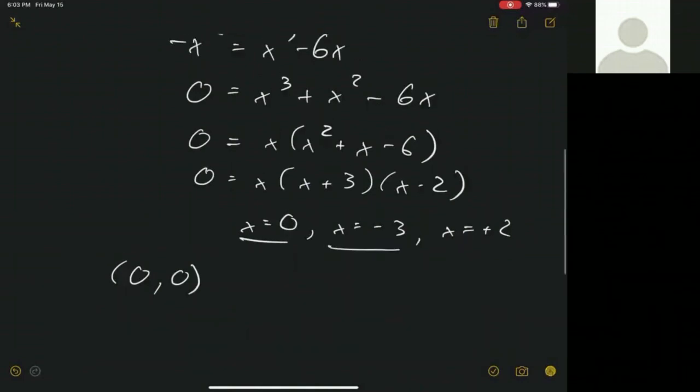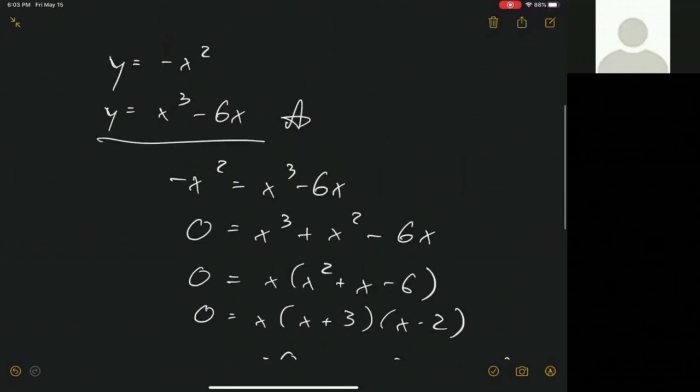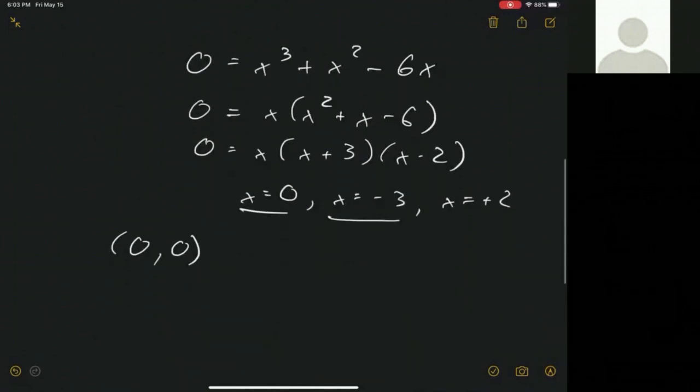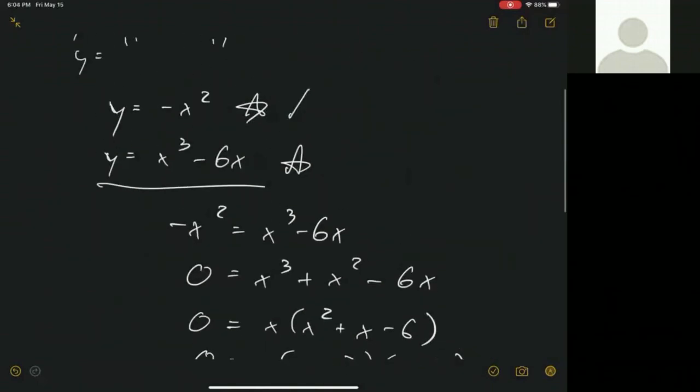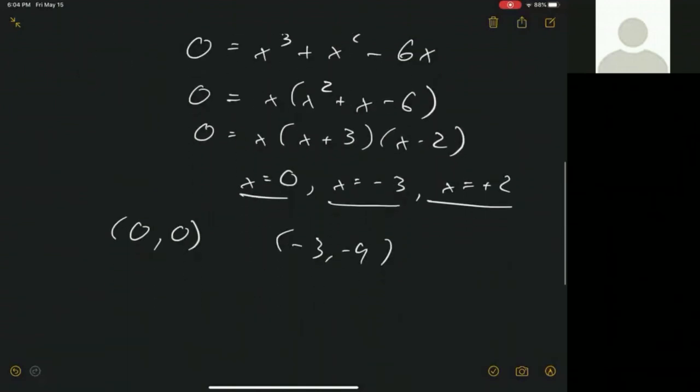Now I'm going to take x equals -3 and plug it into one of these equations. So let's say I plug it into this. -3 squared is 9. Then I have a negative out front, so -9. Last, I'm going to plug this into an equation. So let's say, again, I plug it into this equation. 2 squared is 4. Then I got a negative out front, so I got the point (2, -4).